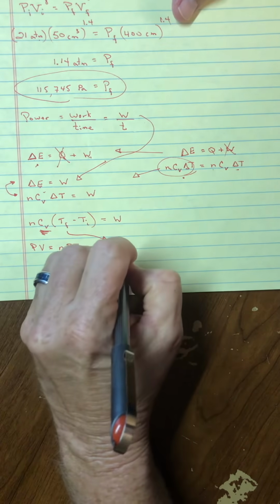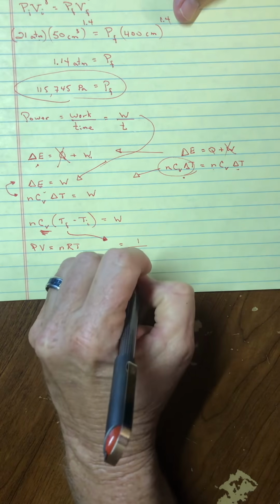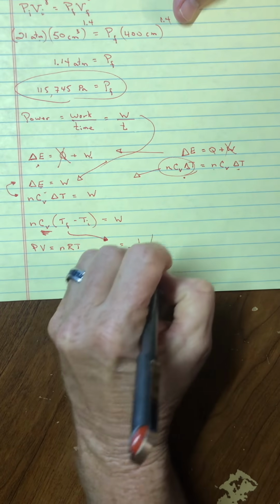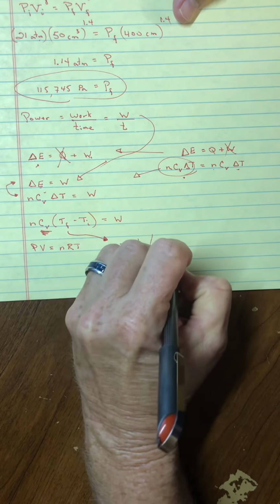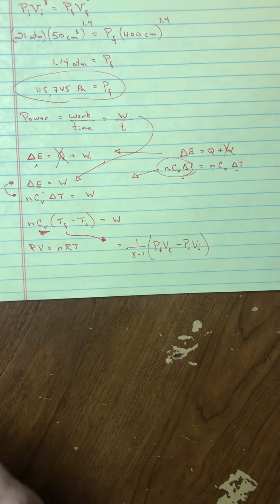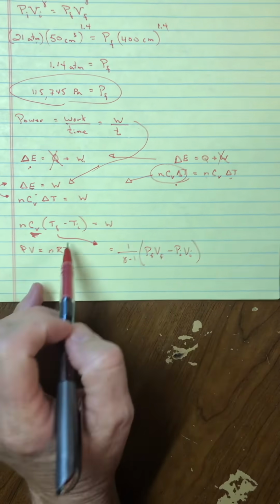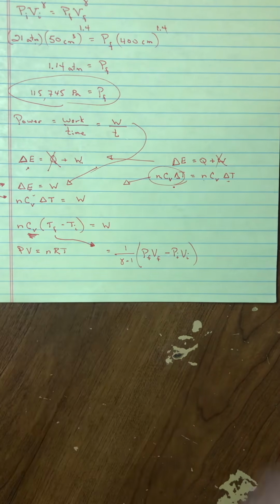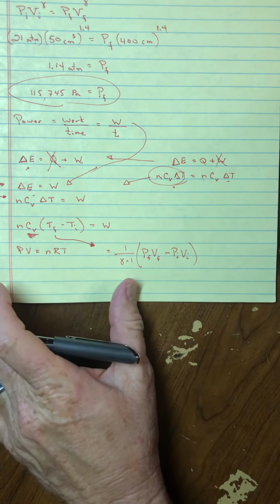You're asked to show that this is equivalent to 1 over gamma minus 1, final pressure times final volume, minus initial pressure times initial volume. And of course, that's what we have here. And so let me make that same kind of step that you're going to do in 43, or maybe you already did do in 43.